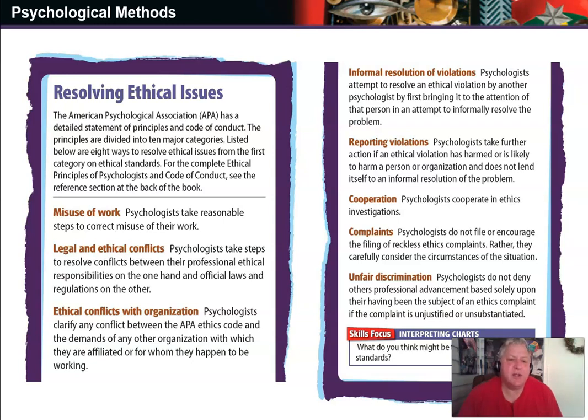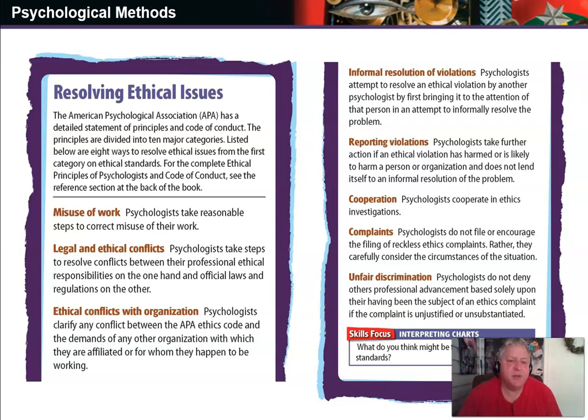Misuse of work. Psychologists take reasonable steps to correct misuse of their work. Legal and ethical conflicts. Psychologists take steps to resolve the conflicts between their professional and ethical responsibilities on the one hand and the official laws and regulations on the other.